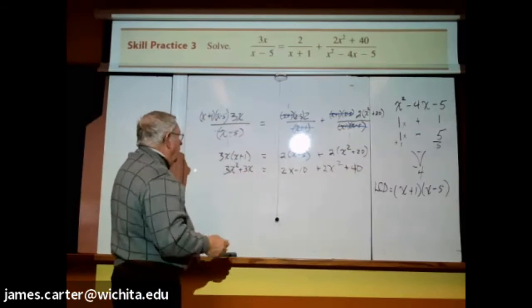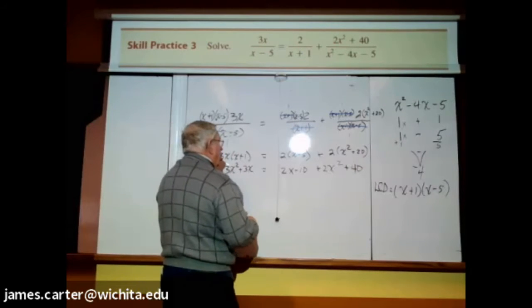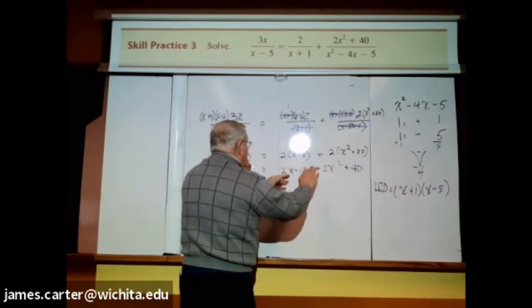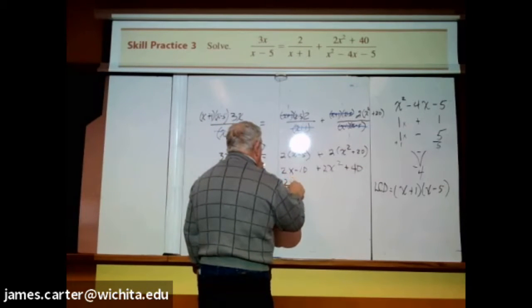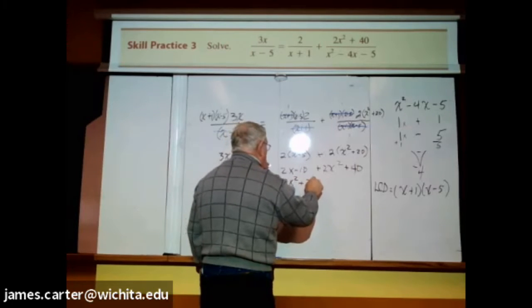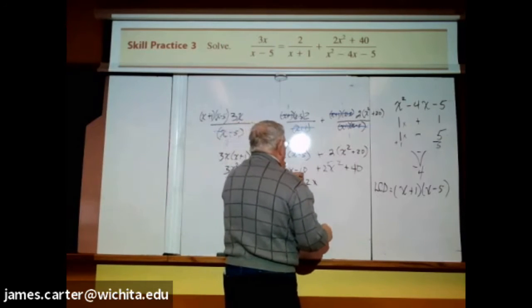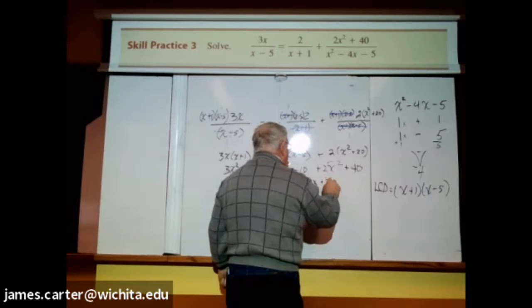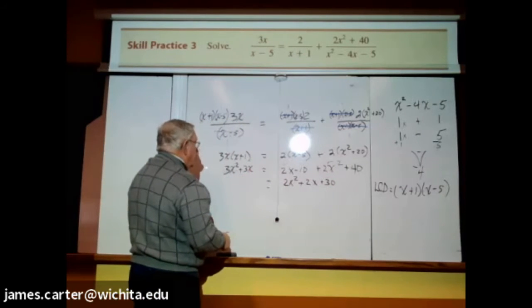So I need to combine all of my terms. Let's simplify what I've got on each side first. I've got 2x squared and plus 2x. Okay, I'm checking these off as I go. And plus 40 and minus 10 is plus 30. Okay, over here, nothing I can do to those.